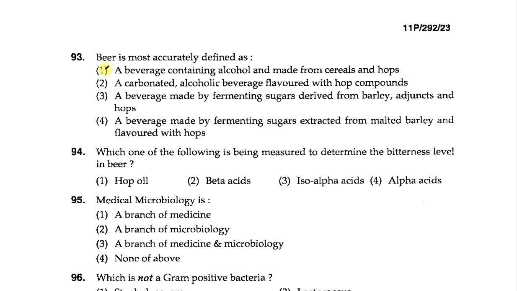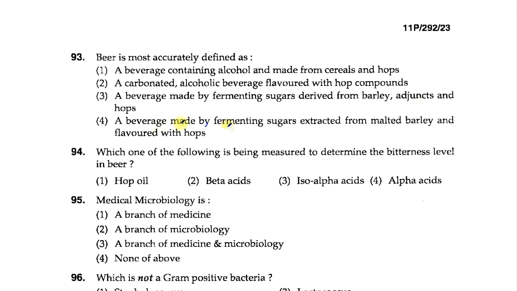Question number 93. Beer is most accurately defined as 1. A beverage containing alcohol and made from cereals and hops. 2. A carbonated alcoholic beverage flavored with hop compounds. 3. A beverage made by fermenting sugars derived from barley, adjuncts and hops. 4.